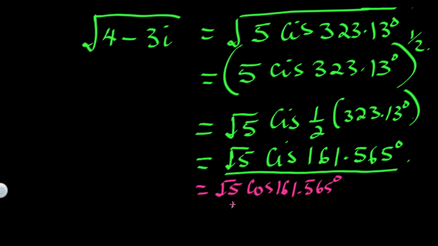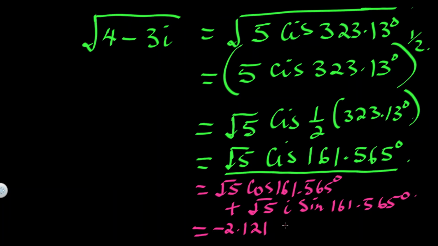Okay, this means plus root of 5 i and the sine of 161.565 degrees. I just punch into my calculator the first part, which is root 5 times the cosine of 161.565 degrees. I get minus 2.121.